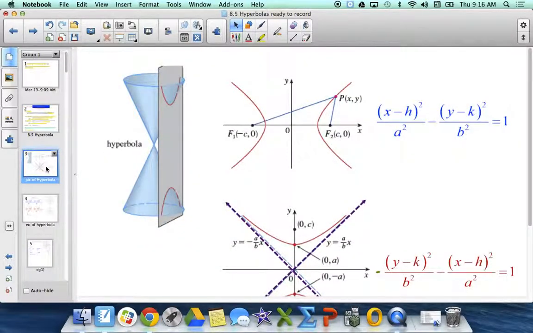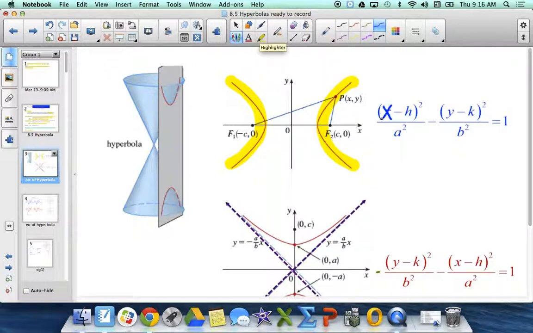A hyperbola has two branches. This is a branch and that's a branch. This particular hyperbola is horizontal. The equation is (x minus h) squared over a squared minus (y minus k) squared over b squared.